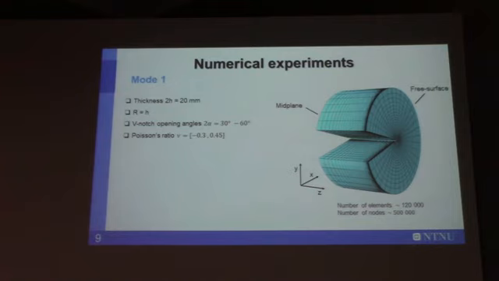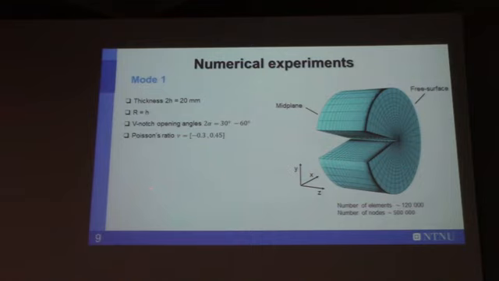Our goal was to understand the influence of the corner point on the notch stress intensity factors, and therefore on the brittle failure of components.